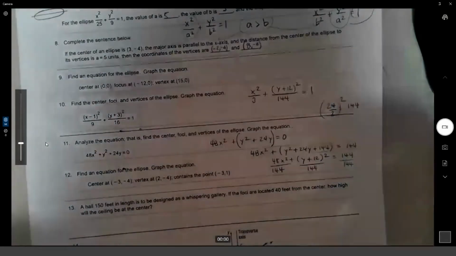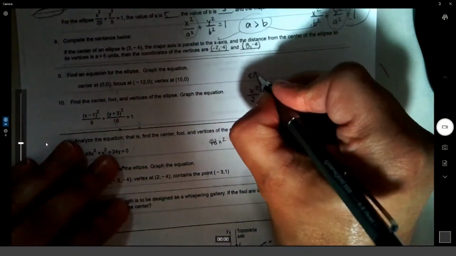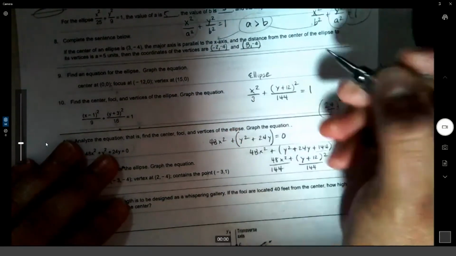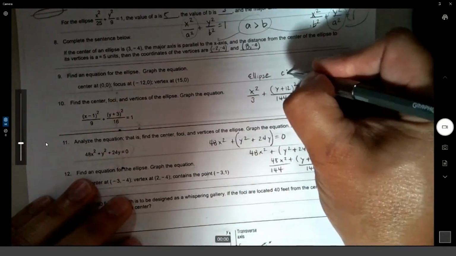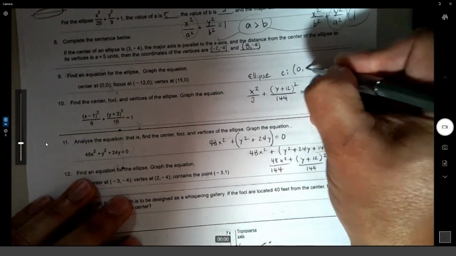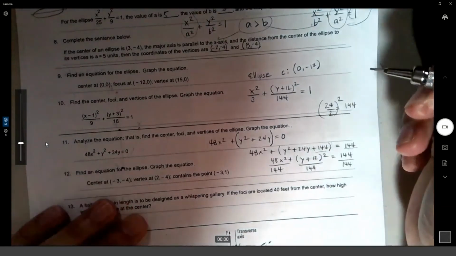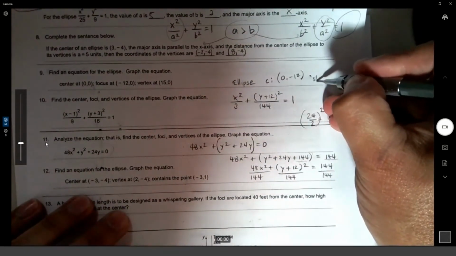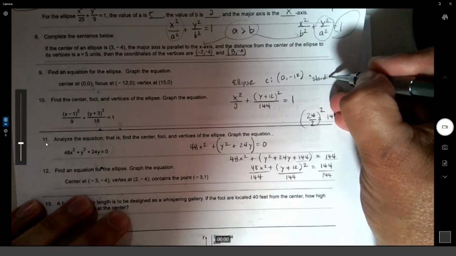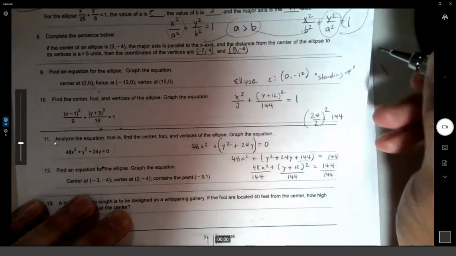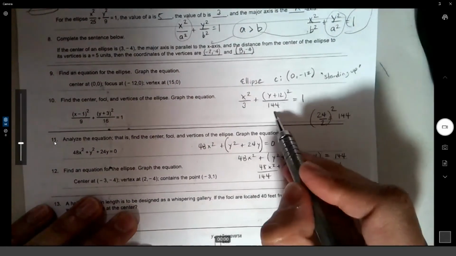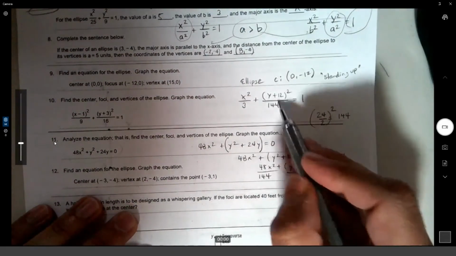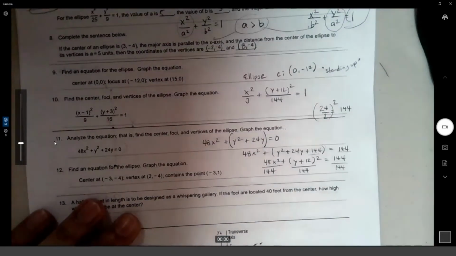So this represents an ellipse whose center is 0, negative 12. It is standing up because the biggest number here, the biggest denominator, is under the y term.